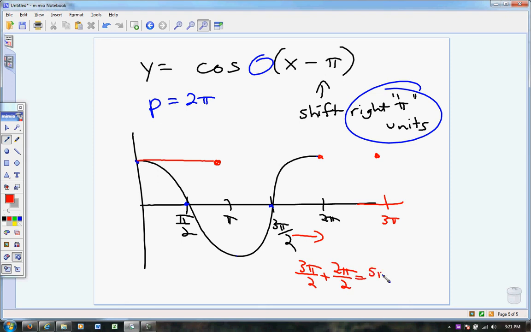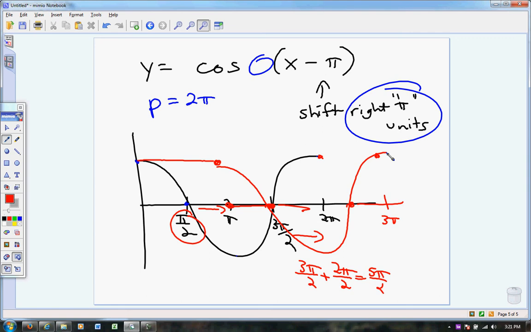So it gets moved over to 5 pi halves. Same thing here, this one would become 3 pi halves. Then we can just connect our dots. Pi gets moved over to 2 pi, and then we connect our dots. That one's been moved to the right pi units.